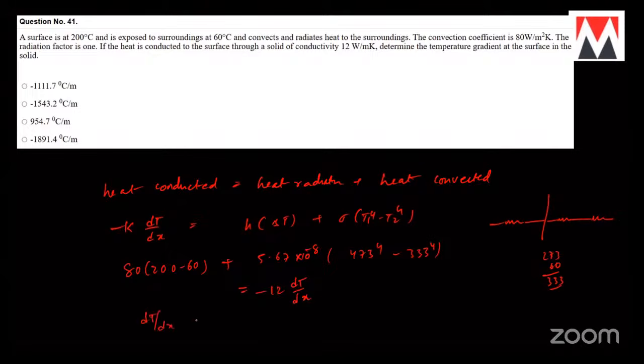So dT by dx is nearly minus of (11,200 plus 2140.9) by 12. So you get minus 1111 degree centigrade per meter. So it is A.